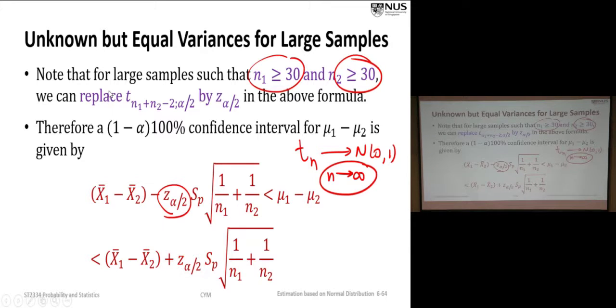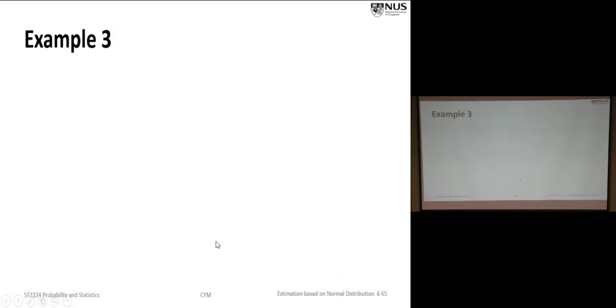You can check easily that, for example, n equal to 30, then this t_30,0.025 is quite similar to z_0.025. Of course, not exactly the same, but not too far away. So remember, if your sample size is big, you can replace the constant related to the t distribution by standard normal.